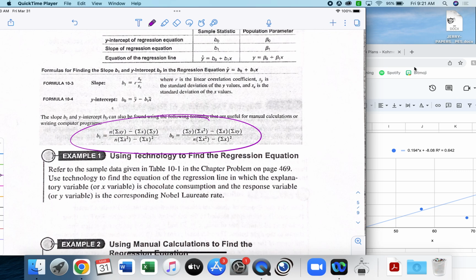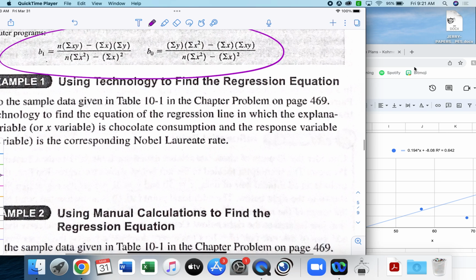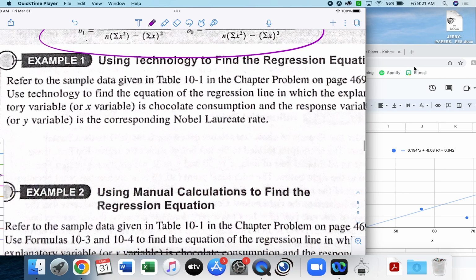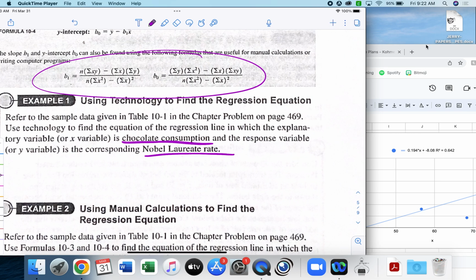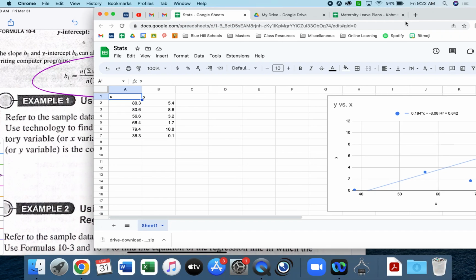All right, in example 1, it says use technology to find the regression equation. We've been talking about chocolate consumption and the Nobel laureate rate. I have that table over here. X was chocolate, and this was Nobel laureates.